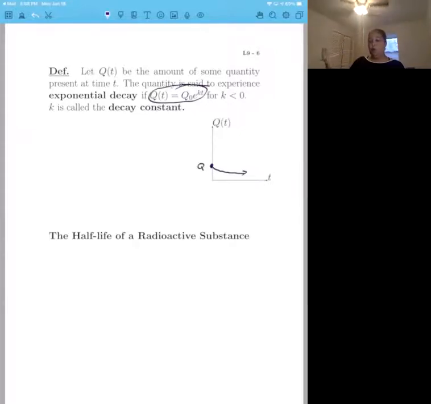So if you remember graphing your exponential functions, if it was negative, it was going to decay. So this time, again, it's going to look exactly the same, except our k is going to be negative.